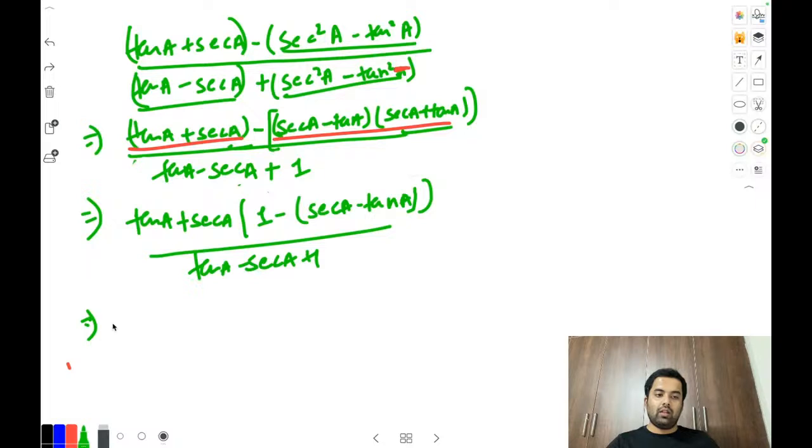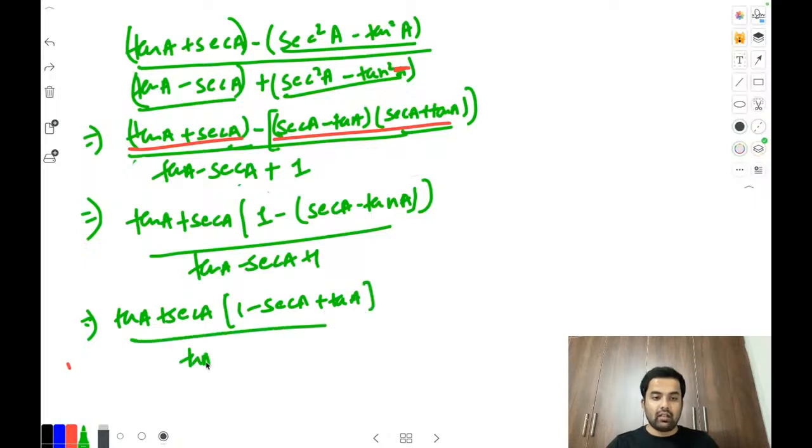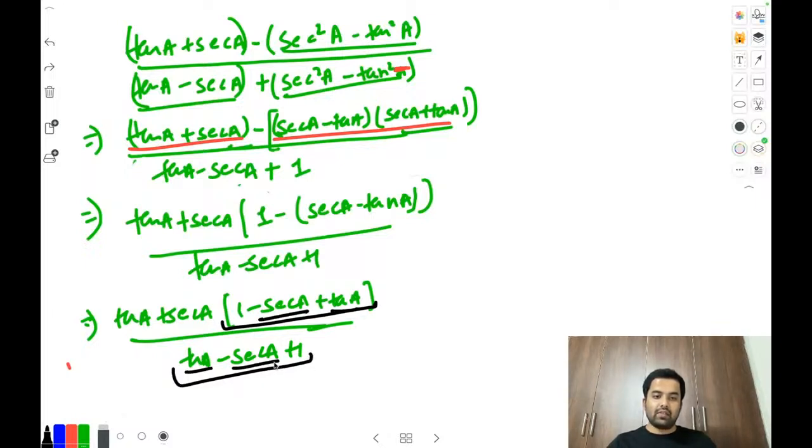Now, next step: tan A plus sec A times (1 minus sec A plus tan A). Below part is tan A minus sec A plus 1. If you see these two terms, tan is positive here and positive there, sec negative, sec negative, so we can cancel them. Remaining is tan A plus sec A.